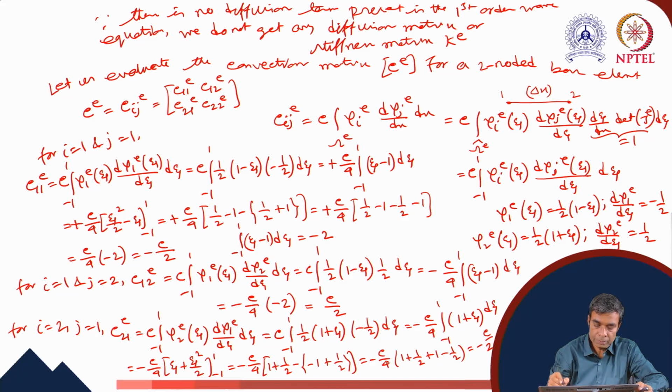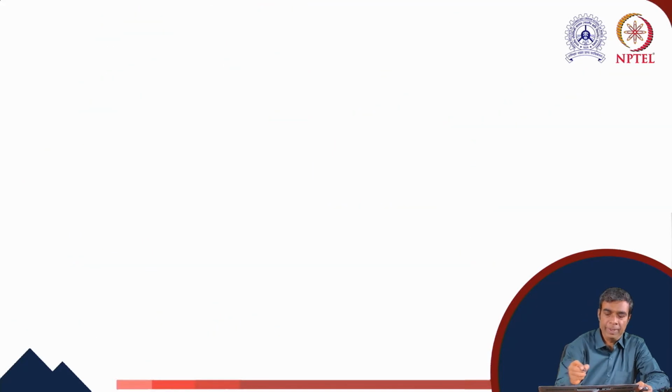So we find that C12E was plus C by 2, and C21E is not equal to C12E. Therefore, as we expected, the 2 by 2 matrix at the element level is asymmetric.